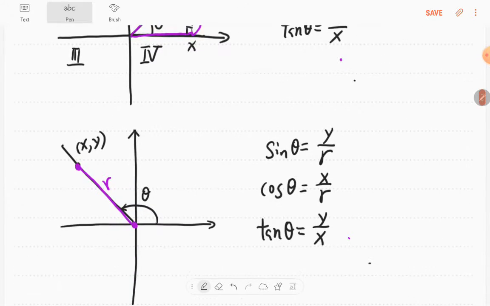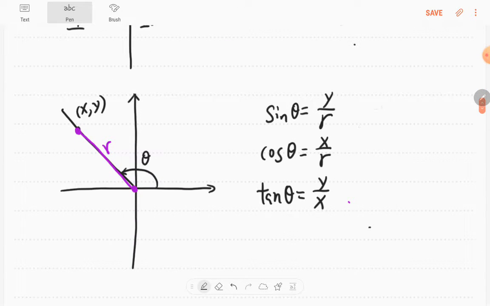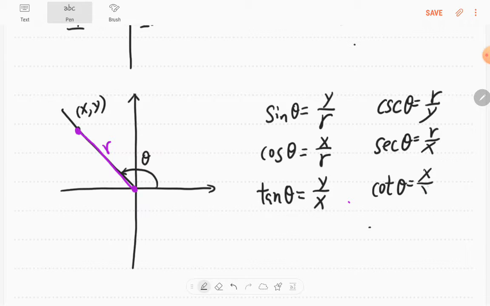Okay, so the cosecant theta is 1 over sine, so it's r over y. Here we need y not equal to 0. And the secant theta is r over x, so here x cannot be 0. Cotangent theta is x over y, so y is not 0.